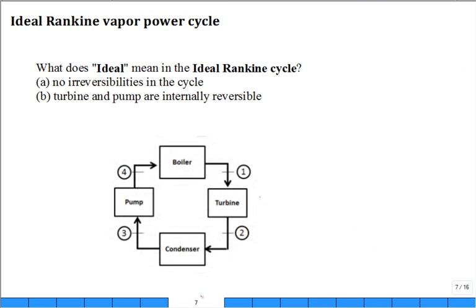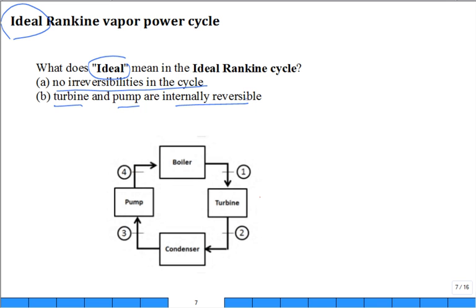So what did we do? First of all, the word ideal is often thrown in front of the Rankine power cycle. What do you think the word ideal means in front of that? Is it A, that there are no irreversibilities in the cycle, or B, that the turbine and the pump are internally reversible? A or B? Best answer.